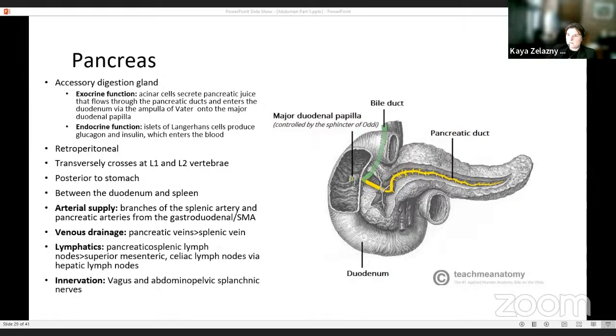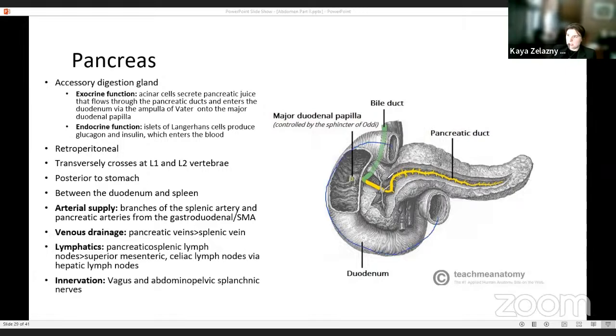In terms of where we're going to find it, it's going to be retroperitoneal, so it's going to be along the posterior wall of the abdomen. It's going to be crossing transversely at about L1 and L2, and you're going to be posterior to the stomach. We also noticed when we looked at the shape of the duodenum that it was C-shaped, right?